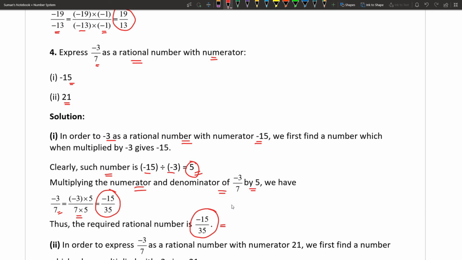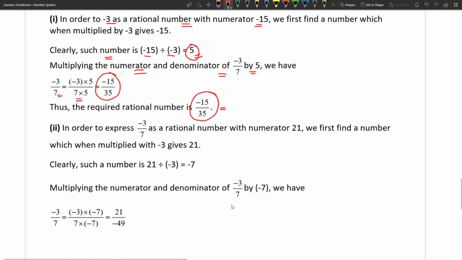Now we have to find the result for the same rational number, minus 3 upon 7, transforming the numerator minus 3 into 21. In order to express minus 3 by 7 as a rational number with numerator 21, we first find a number which when multiplied with minus 3 gives us 21, and clearly we can find it by 21 divided by minus 3, and that is minus 7.